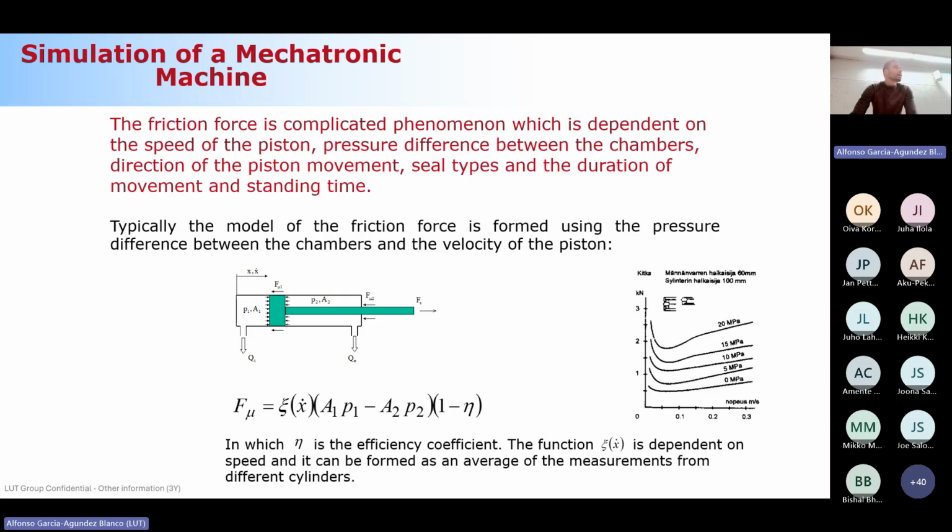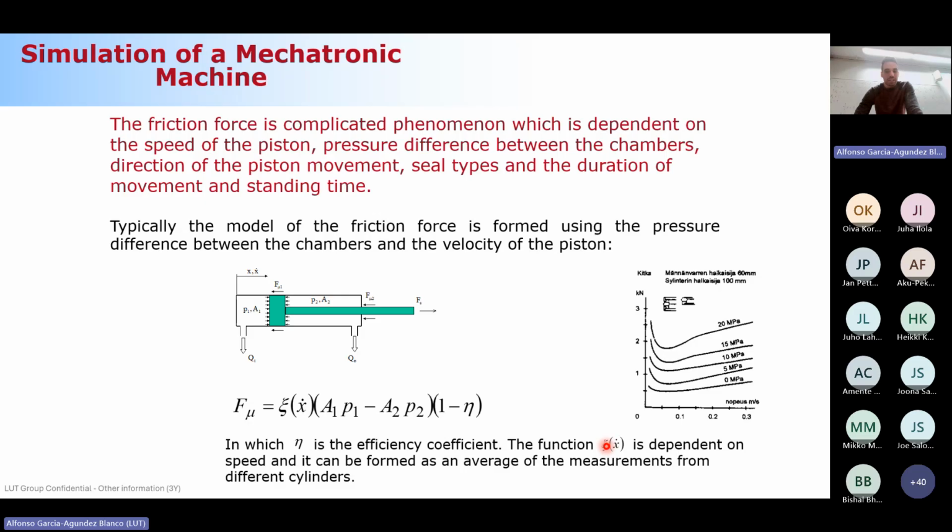But typically, a possibility to model this friction force can be seen here. So basically, what you would have is the force given by the difference in the pressure force times this function of the speed of the piston and times this factor where eta is the efficiency coefficient, okay? This Greek letter, eta, is the efficiency coefficient, okay?